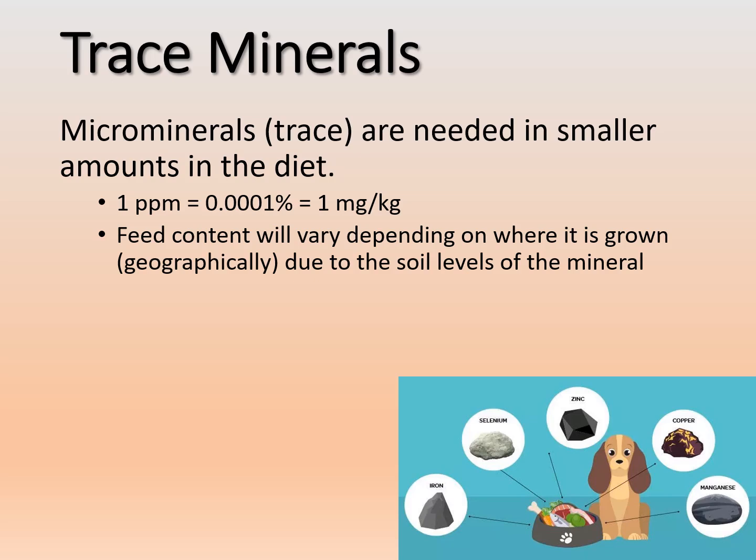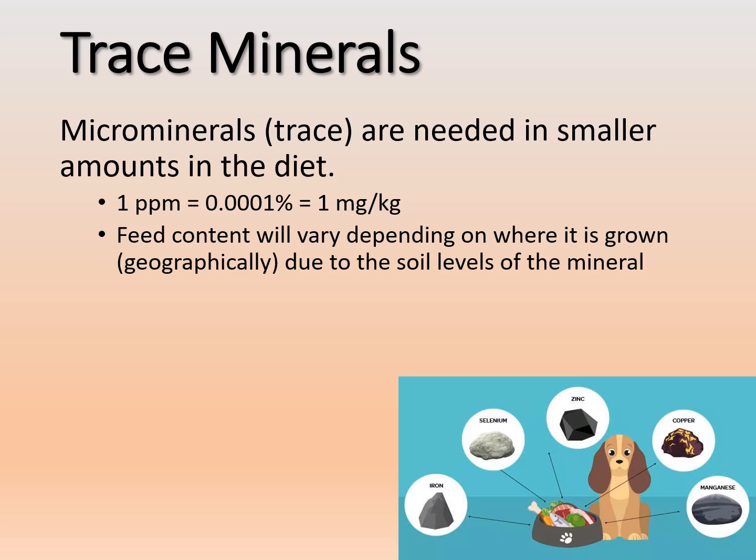And so the thing about micro minerals is that it varies depending on where feed is grown. So this is very important when you're talking about hay and things like that, grasses and hays that are grown in different parts of the country because of the soil levels of those minerals.